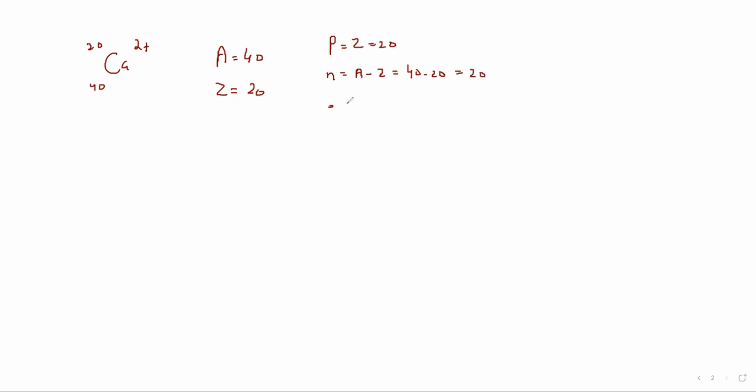And if you want to find electrons, that is Z minus the charge on the atom. So Z is 20 here, minus the charge, which is 2 plus or 2. So 20 minus 2 is equal to 18. So it has 18 electrons. Is this example clear?